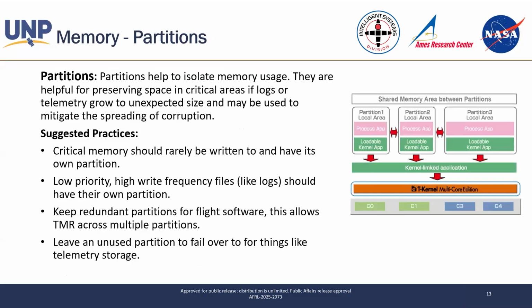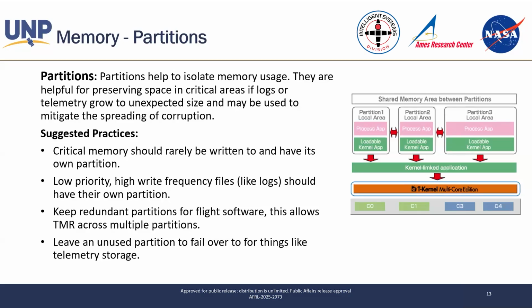Another way to mitigate radiation is to use memory partitions. What I was talking about before is purely software. This is also software, but on your silicon, on your chips, you have different memory banks in the physical areas of the chip. When you make partitions, you're telling the computer to block off this little area and then block off this little area.